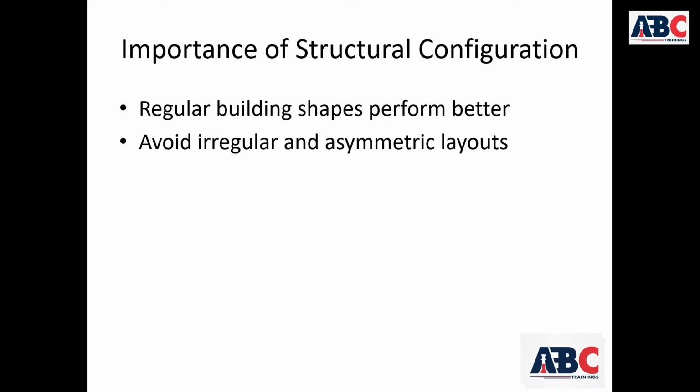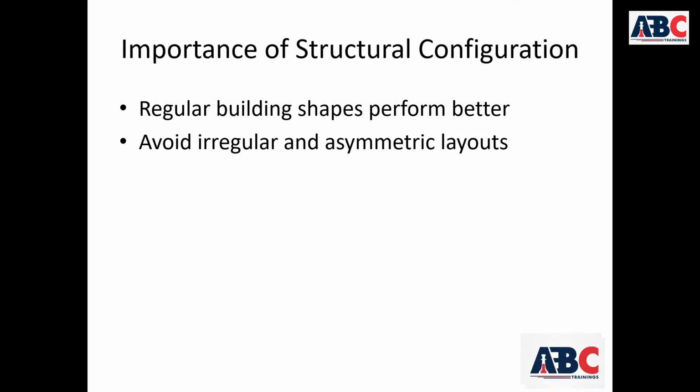Next is regular building shapes perform better. Regular buildings are those that have simple rectangular or square plans, uniform mass distribution, uniform stiffness along height, and no sudden changes. Such buildings behave predictably during earthquakes.